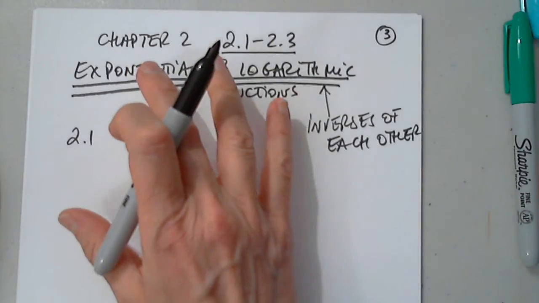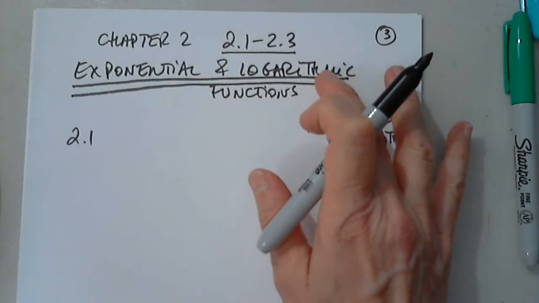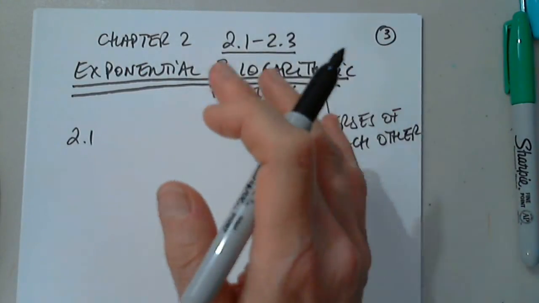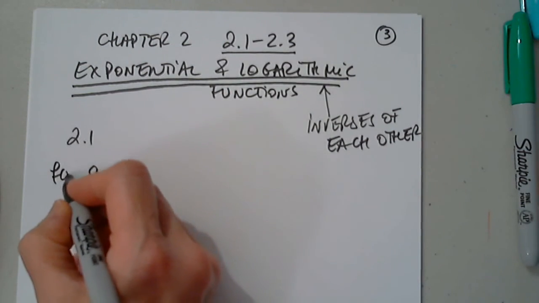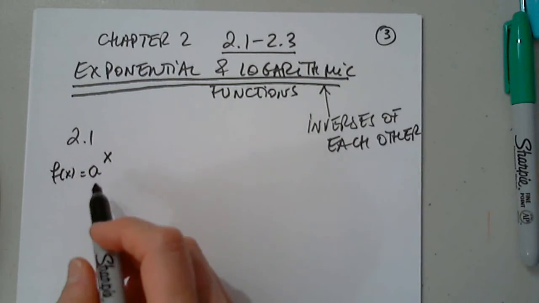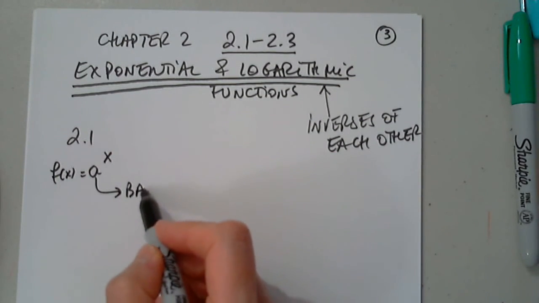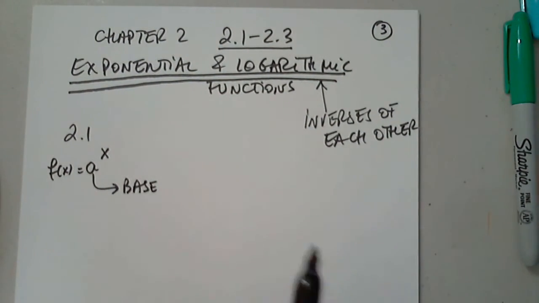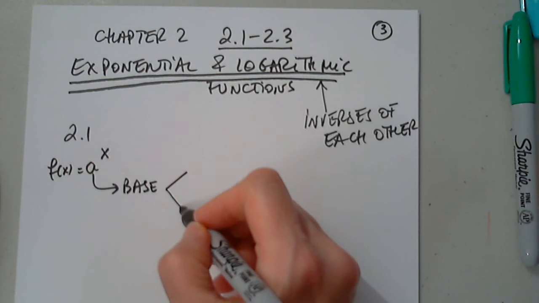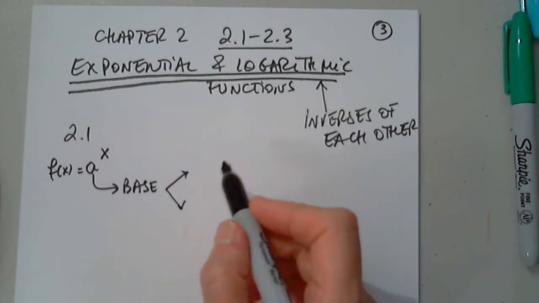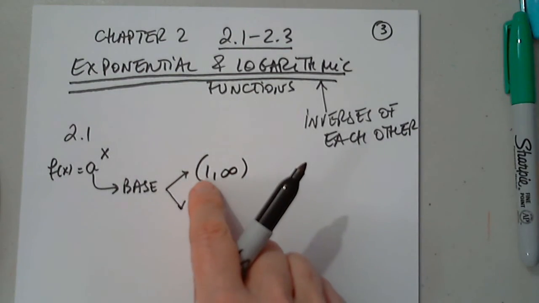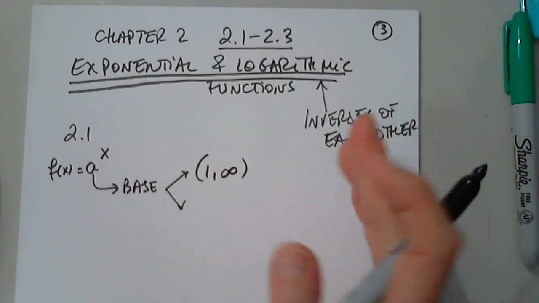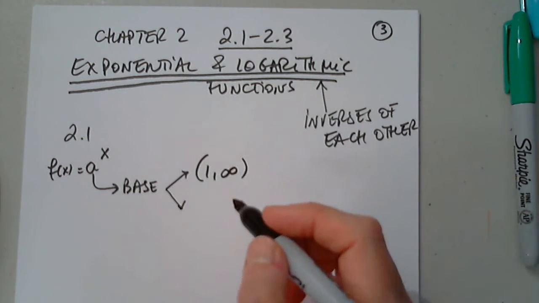So there are two shapes here. Of course, two shapes here. Why? Because the exponential function looks like this, a to the x, and this is the base. The base cannot be anything but either between 1 and infinity, not 1, of course not infinity, it's a symbol.